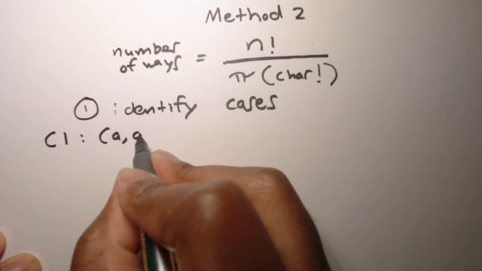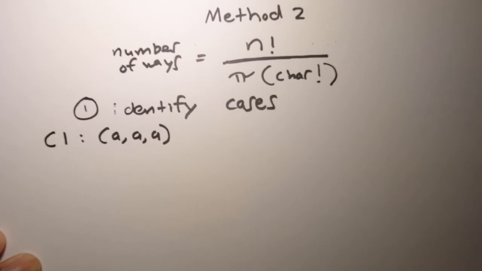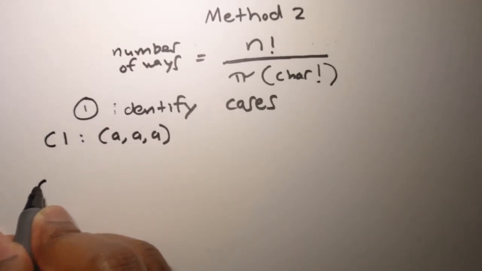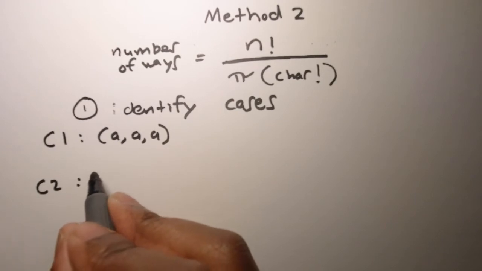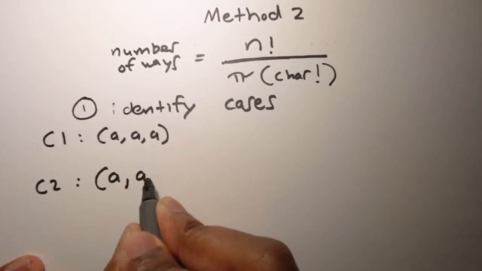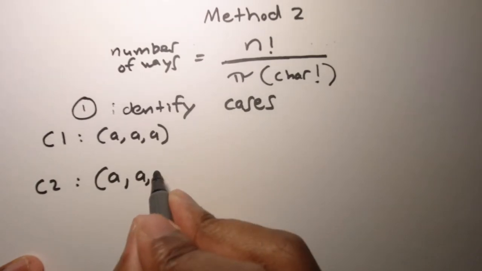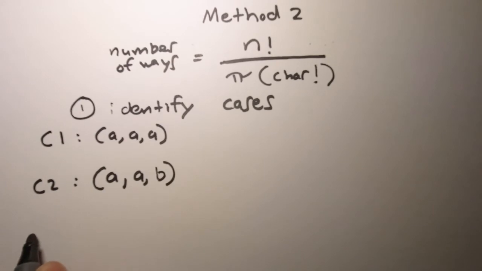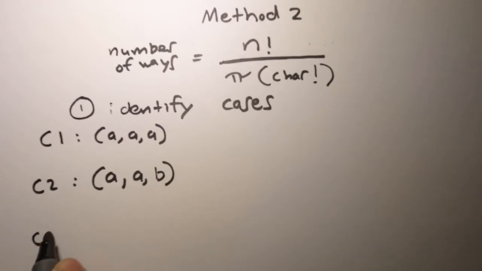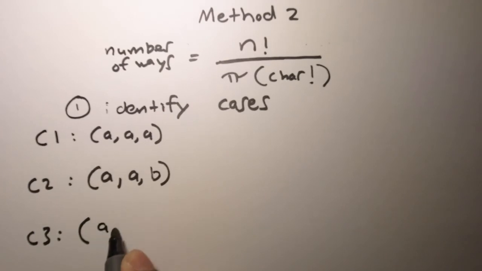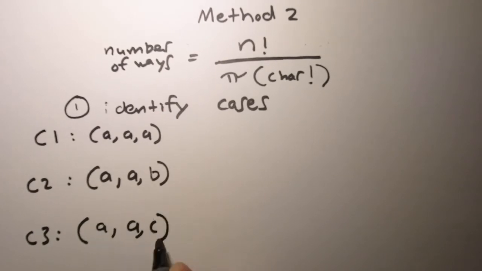So that would be something like AAA, right? And then we have C2. In C2, we'll have 2 A's and 1 B. In C3, put that right here, we'll have 2 A's and 1 C.